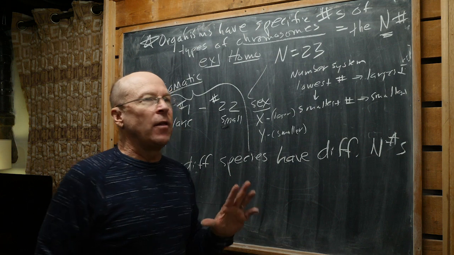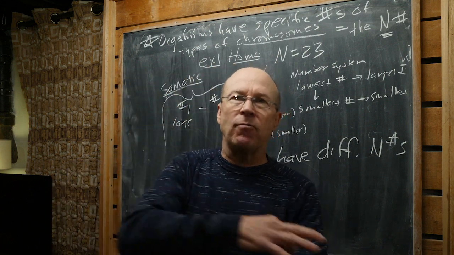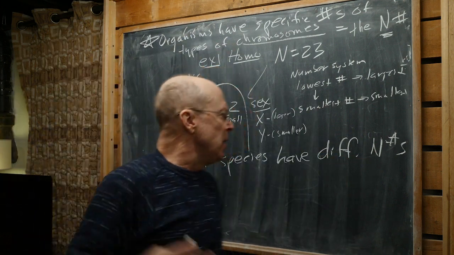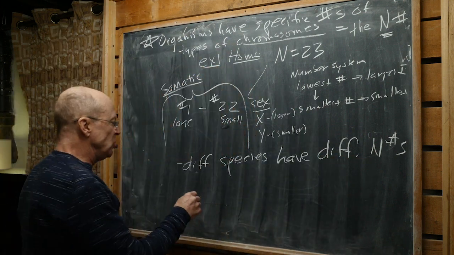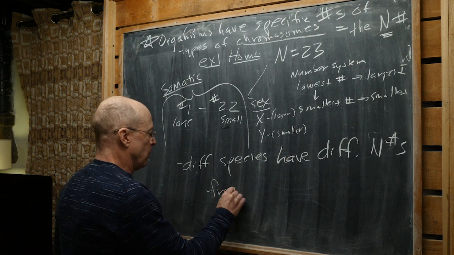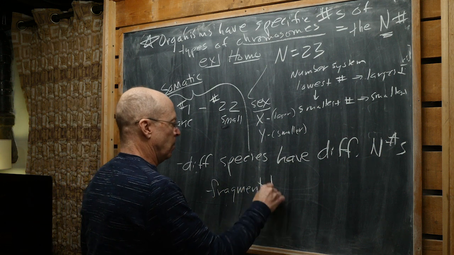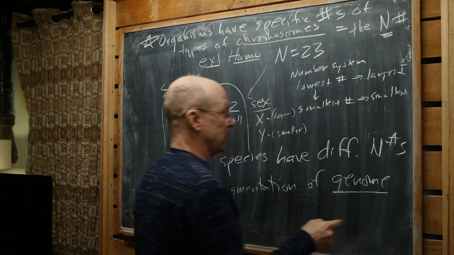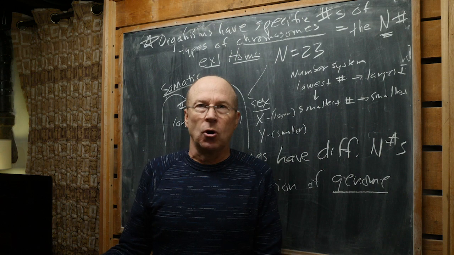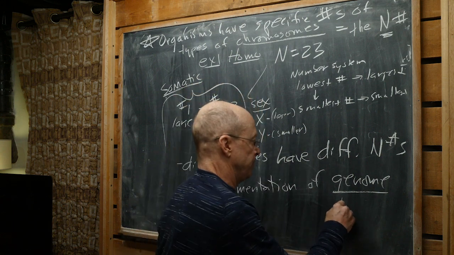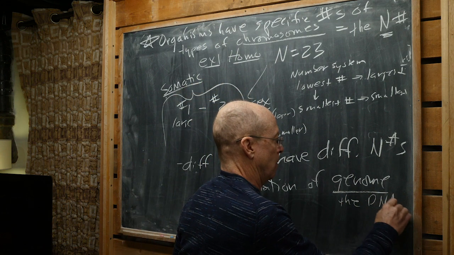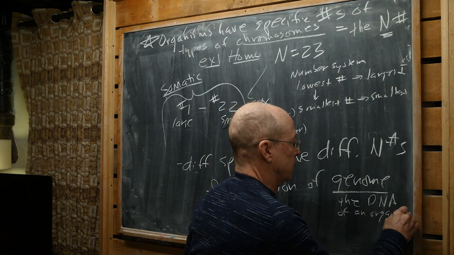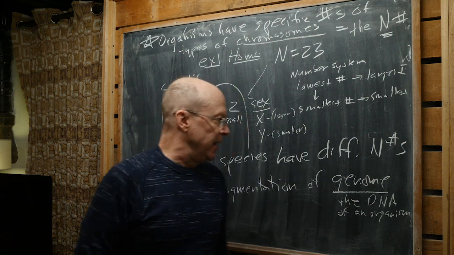And so I think one of the concepts that we talk about over the span of organismal diversity is the fragmentation of the genome. Basically, the genome is the sum total of the DNA of an organism. And that's all the DNA.